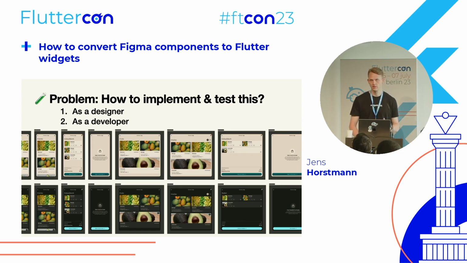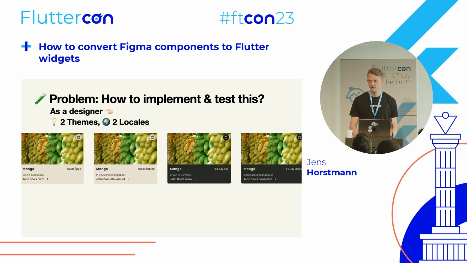So let's look at the case of the designer first, even if there are not so many here. Previously, if the designer wanted to support 2 themes and 2 locales, he had to define 4 different components. Those can have multiple variations, but it was impossible to have 1 component that can switch between light and dark.